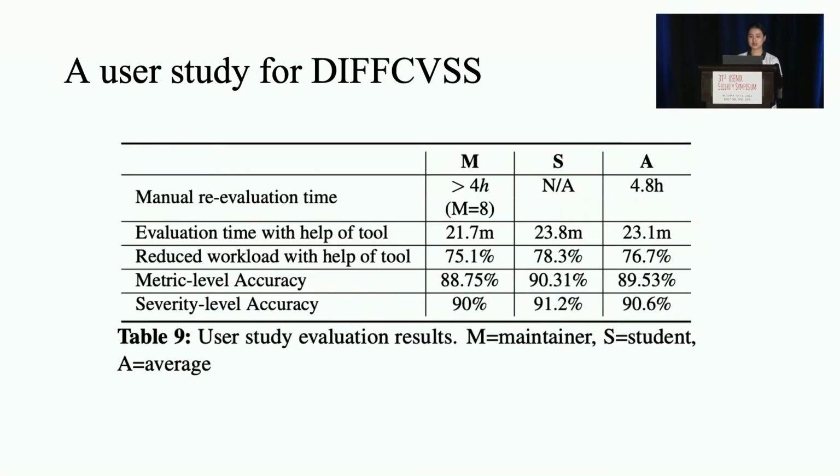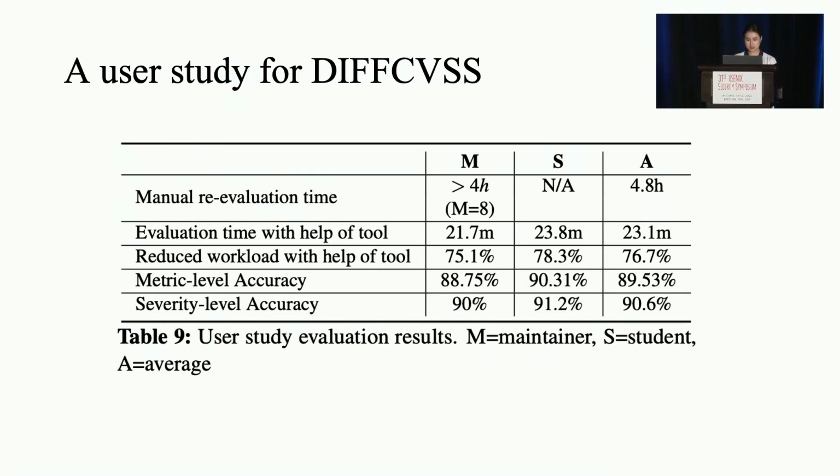We further conduct a user study to evaluate the usability of DIFFCVSS from the user perspective. We recruited 10 downstream maintainers in the industry who have real-world experience in vulnerability evaluation, and 20 graduate students who have a background in system security analysis.